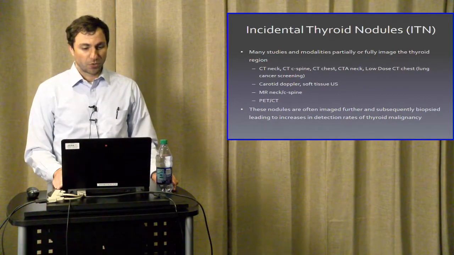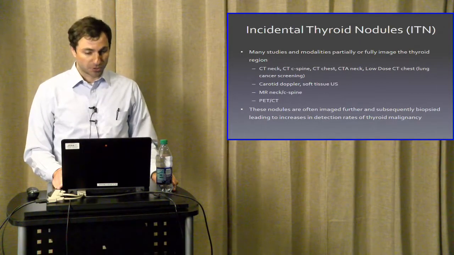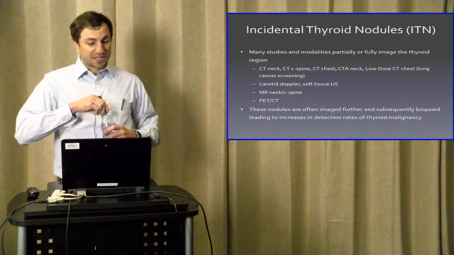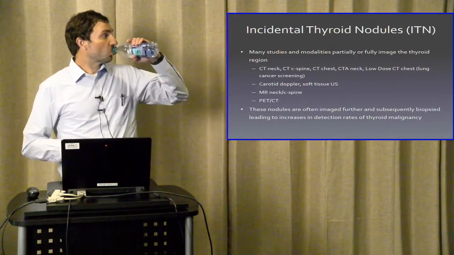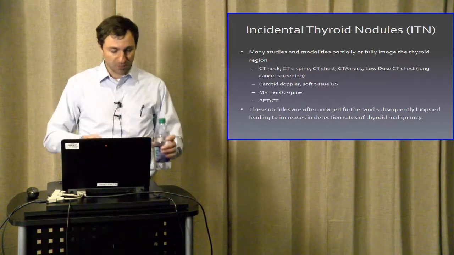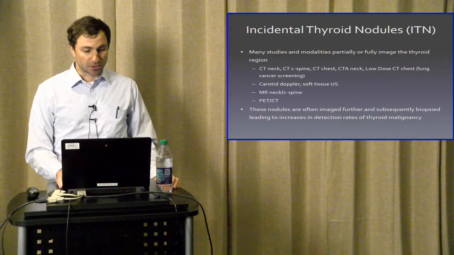So we image the thyroid on a lot of different studies. Any imaging of the neck, including cervical spine CTs, CTs of the chest, CTA of the neck, carotid Doppler, we'll often incidentally image the thyroid, and MRIs of the neck and cervical spine.